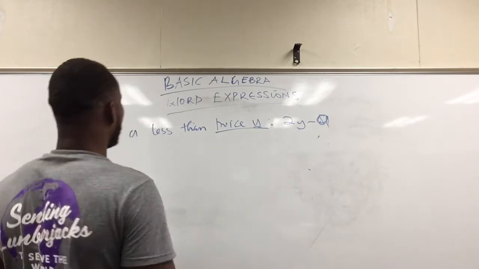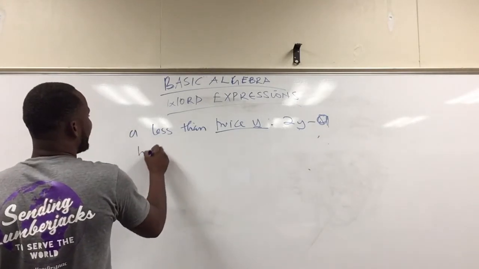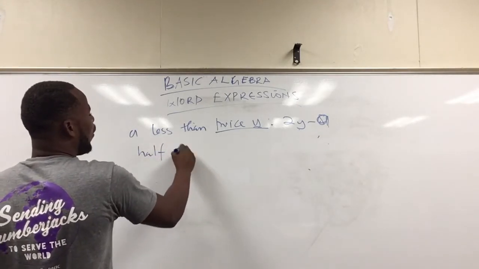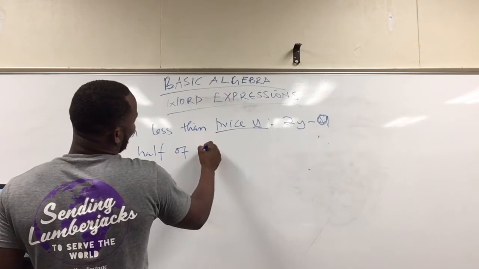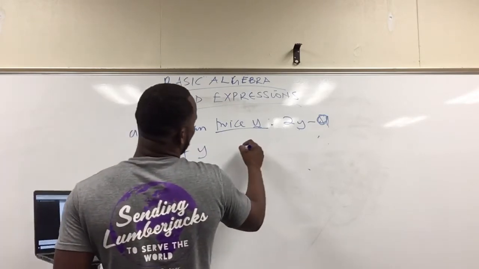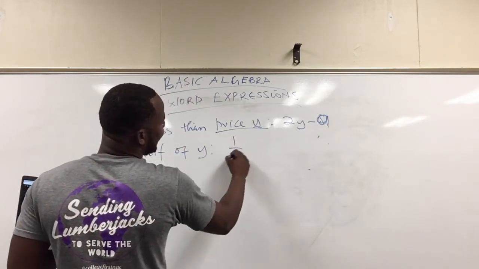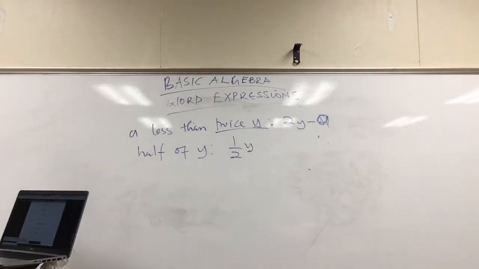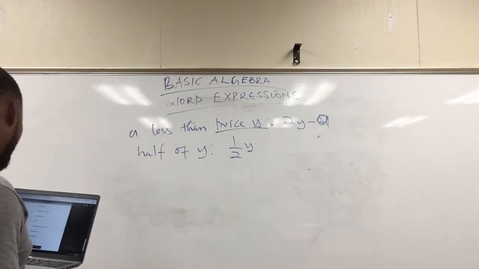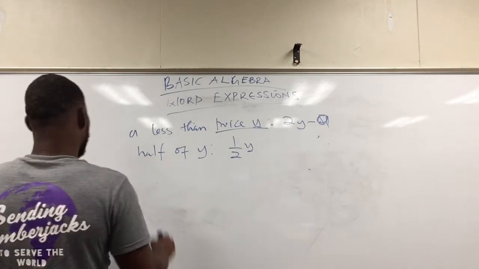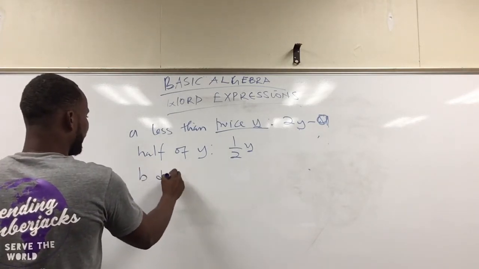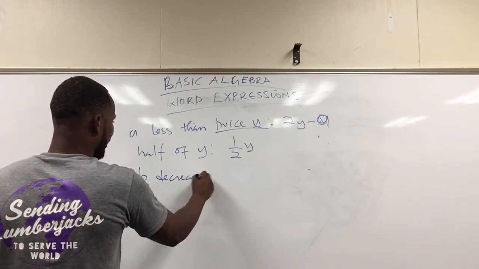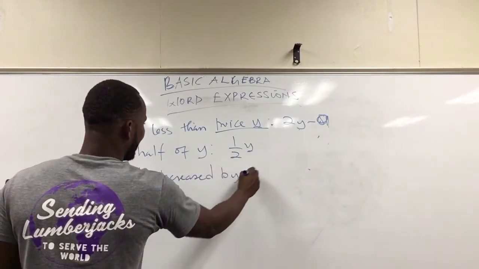Now there are some simple things. They will tell you half of y. That means half y. Half of y is half y. Now they say b decreased by a.